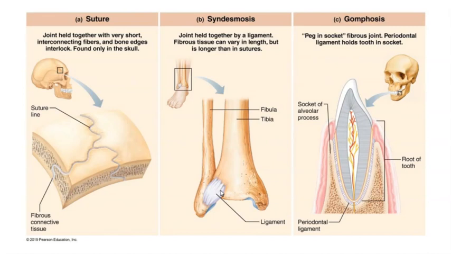I'll show you that in the next slide. Because these syndesmosis joints do allow some movement, the syndesmoses are functionally classified as amphiarthroses, so they do permit much more movement than the suture joints do.